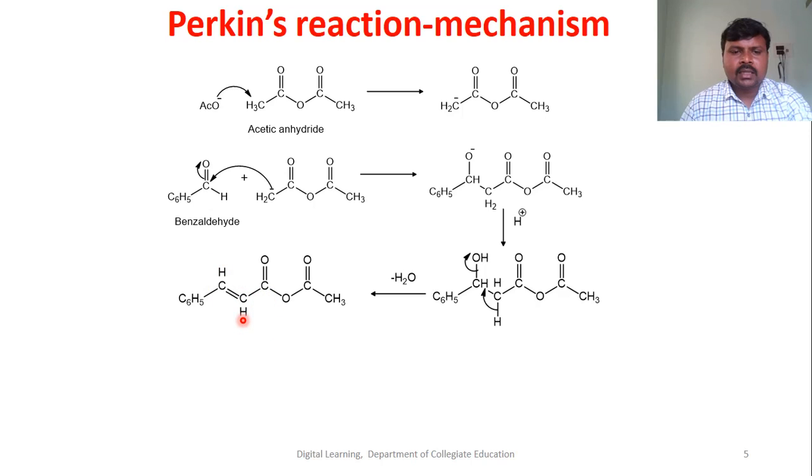So this alkene on hydrolysis, that is addition of water at this position, C double bond O and O. So this bond breaks and water is added across this bond to form cinnamic acid and acetate ion. This is the mechanism of Perkin's reaction.